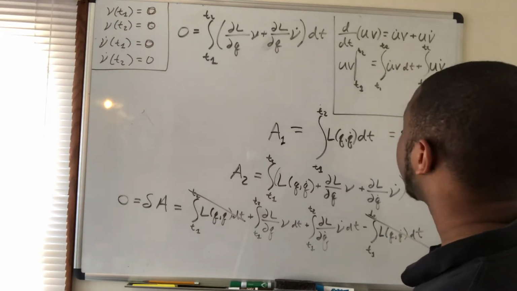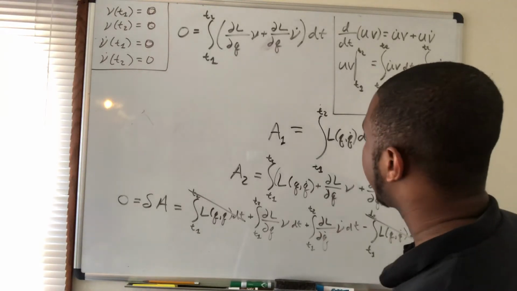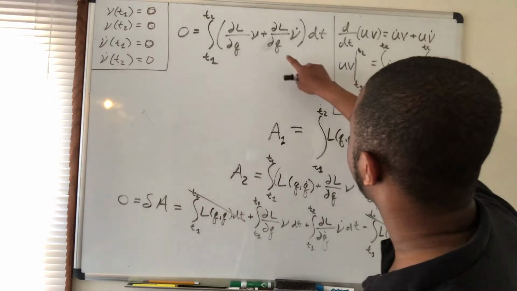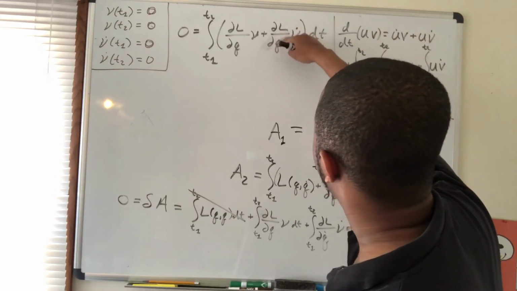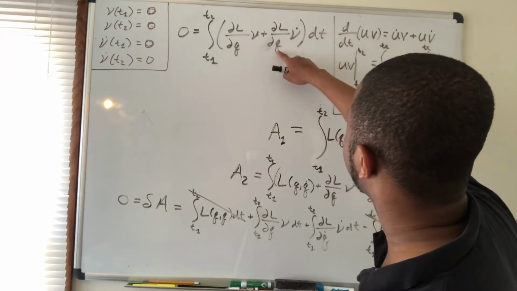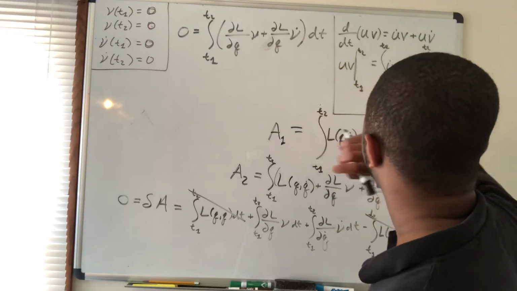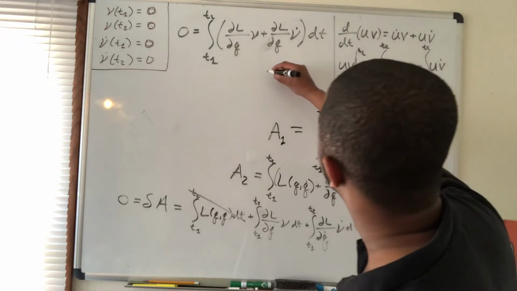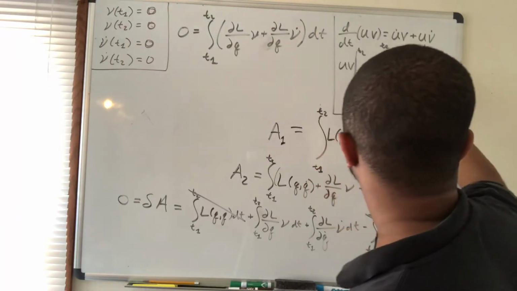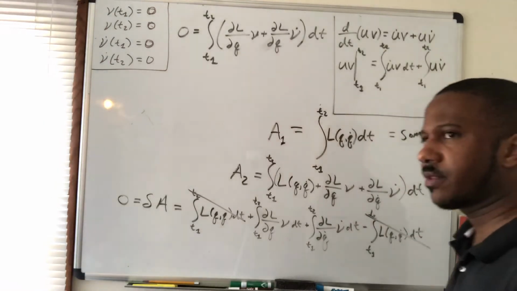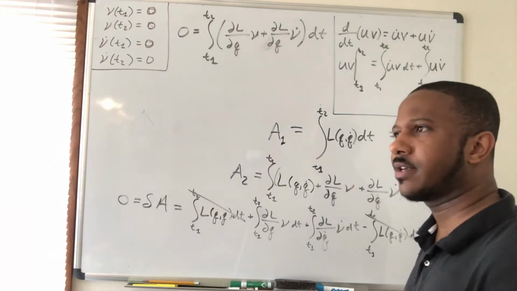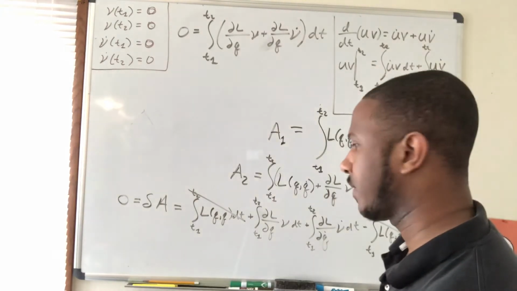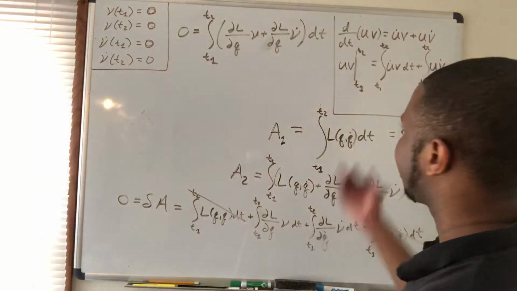Now let's look at what we can do. We have the partial of L with respect to q. What if we called that U for this purpose? We're doing basically some substitution, right?